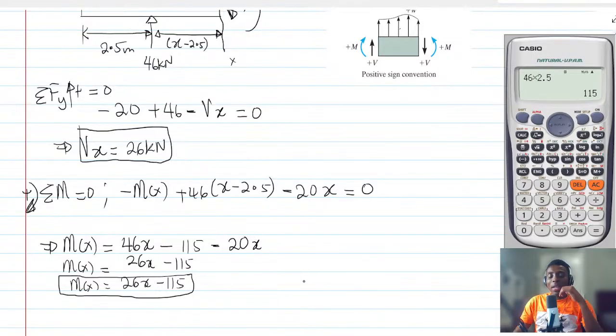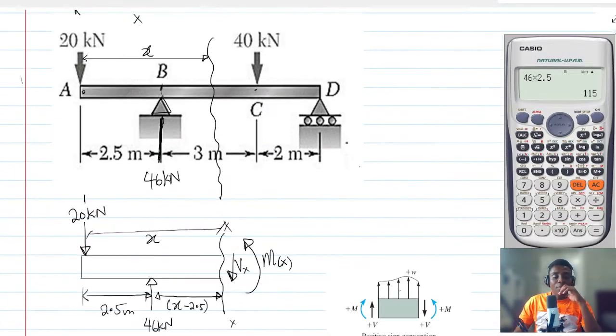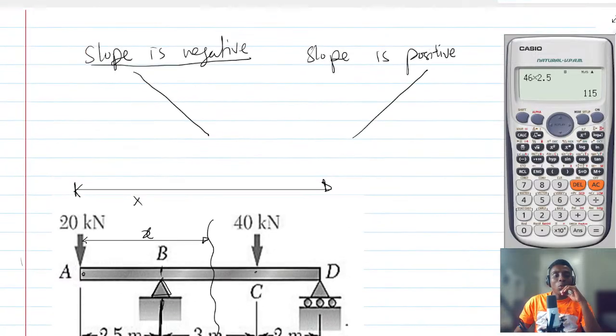So basically, this is the moment for the section, but what did we do?